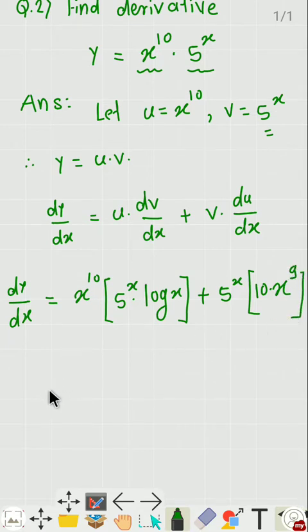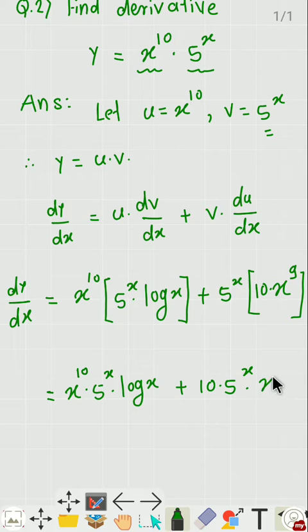Okay, so after simplification what we get is, write down x raised to the power 10 into 5 raised to the power x into log of x plus 5 raised to the power x into 10, I'll write first 10 into 5 raised to the power x into x raised to the power 9.